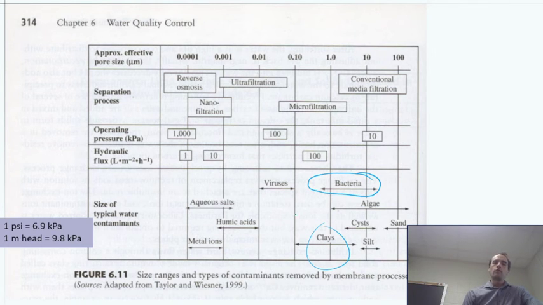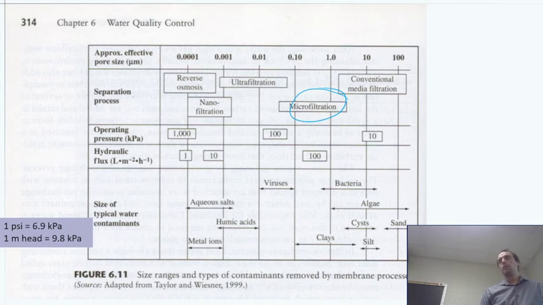Some of the clay particles with some destabilization works great for granular filtration. But if we want to start removing bacteria with confidence, and viruses, we really have to get to filtration with membranes. And so here, microfiltration membranes are kind of the first option. Most of them will take care of bacteria. If we, let's say, use a 0.45 micrometer filter, something like this, that should usually take care of just about all the bacteria.